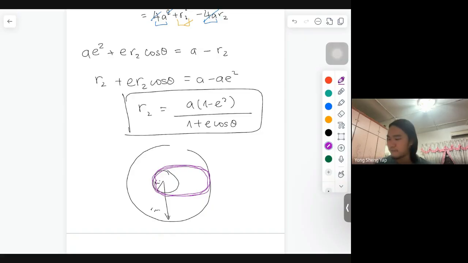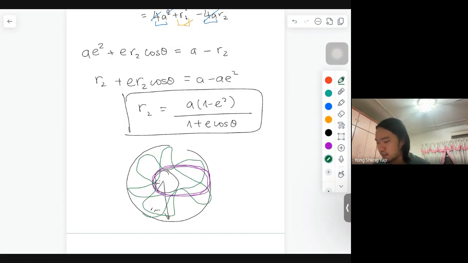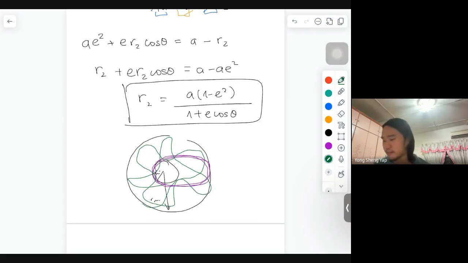But in general, it can be something a little bit more chaotic, but it still oscillates between R min and R max. But this is a really nice example that our understanding of the motion from the energy perspective, this thing must oscillate between R min and R max.